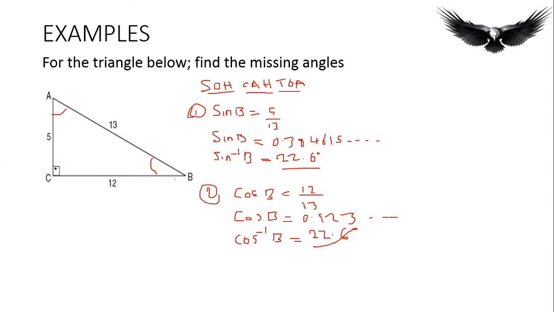So I can just add this one plus this one, then the answer I subtract from 180 and find the missing angle here. But even if I wanted to find the angle A, with respect to angle A, then this one will become the opposite. This one the adjacent. And then you can substitute appropriately. All right. So you can also go via that route.